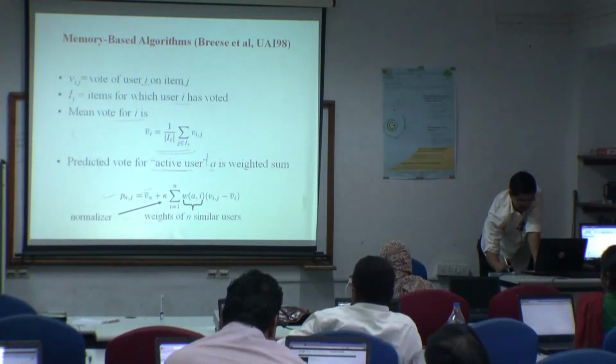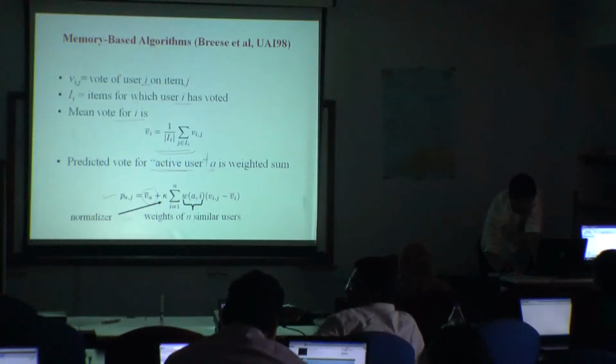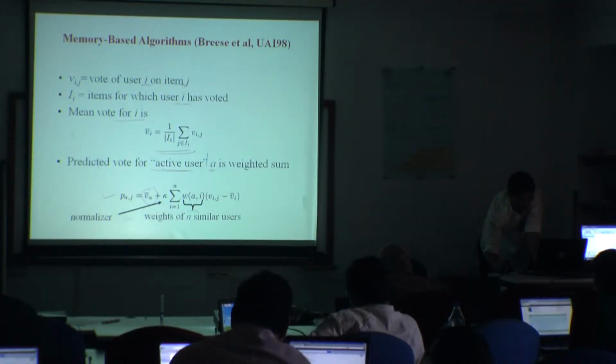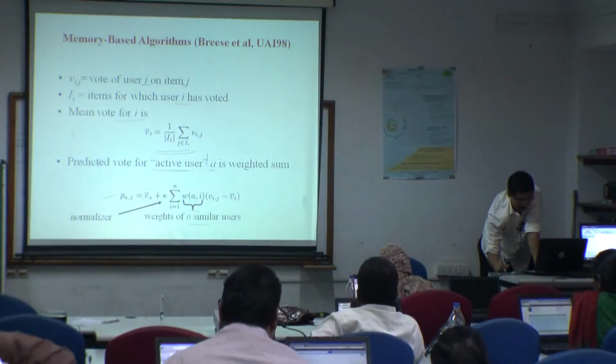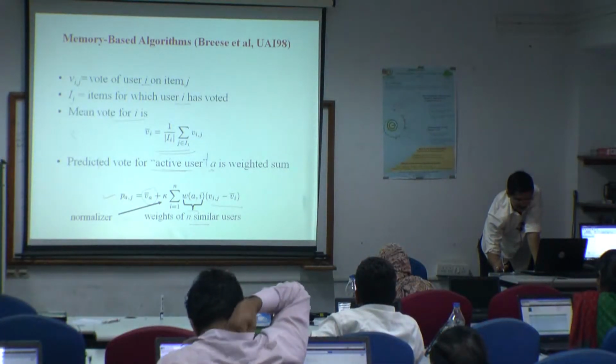This is the mean of all predicted votes, and this is the equation to calculate the weight of n similar users, and these are the differences.